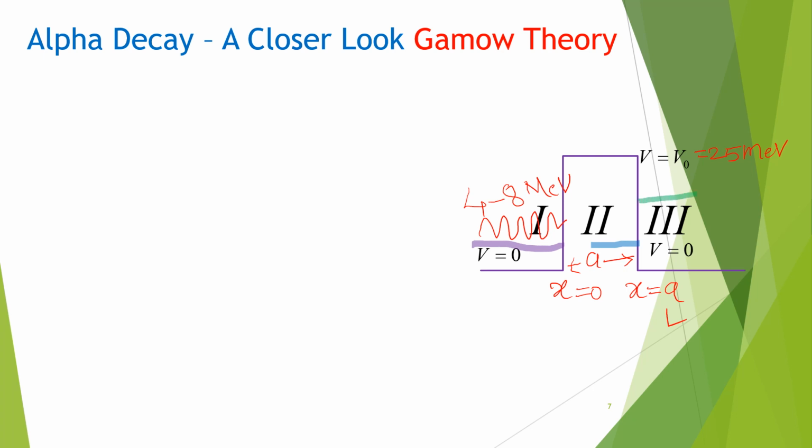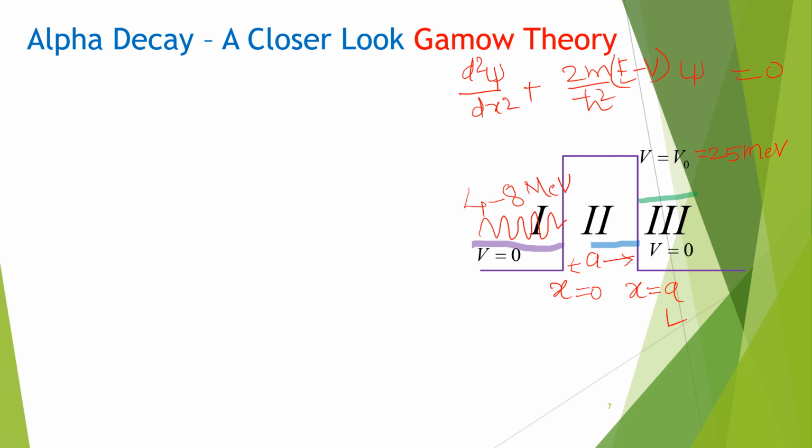Now for this situation we have to apply the general expression, the one-dimensional time-independent Schrodinger equation: d2 psi by dx square plus 2m upon h cross square into (E minus V) operated on wave function psi, equal to 0.